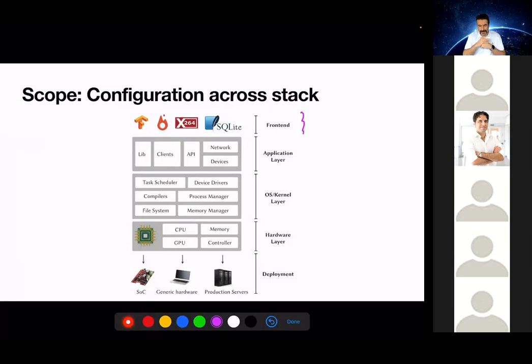But actually there is much more than that down the line. Specifically, modern hardware architectures are highly configurable.